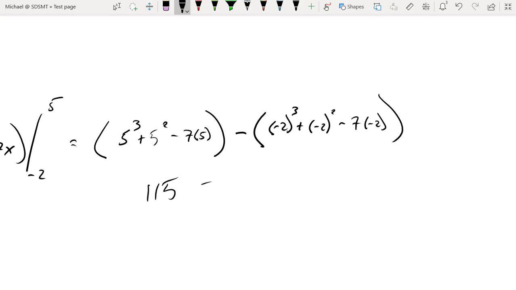And then we'll subtract what's in the second parenthesis set. -2 cubed is -8. And then 2 squared is 4, so we're adding 4. And then we have a -7 times a -2, which is a +14. And that's giving me 10. 115 minus 10 is 105.